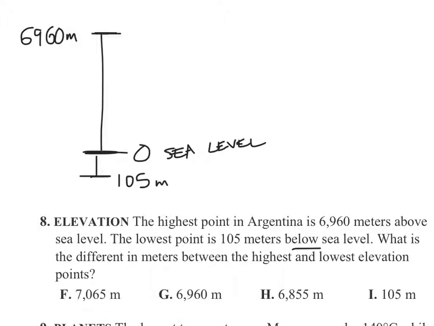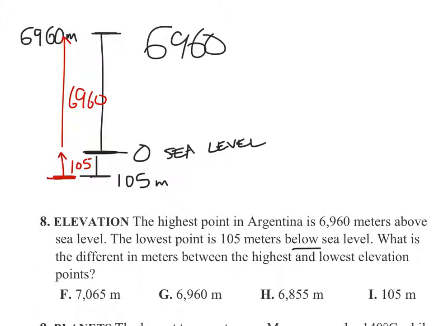Well, let's start at the bottom right here at 105. Just to get to 0, I got to go up 105, up here. And then from there, I got to go up another 6,960. So it looks like I'm going to add those. The real expression, though, should be your 6960, and then we're comparing this with the negative 105 up in here.